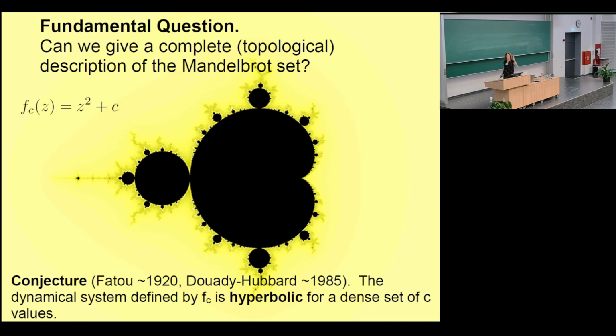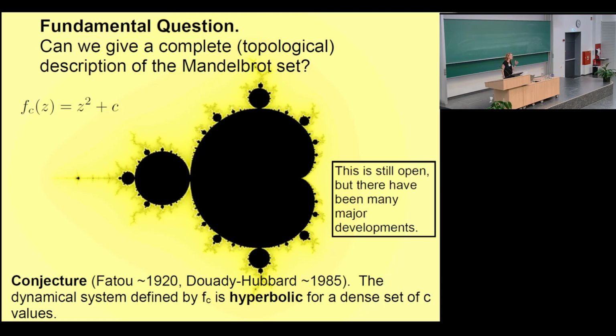A priori, there is some connected component of the interior of the Mandelbrot set, perhaps what we call a ghost component, that might not consist of hyperbolic dynamical systems. We don't yet know how to rule that out. This is something that's been bothering us for many, many years. I consider this a very fundamental question, and as I said, this is still open.